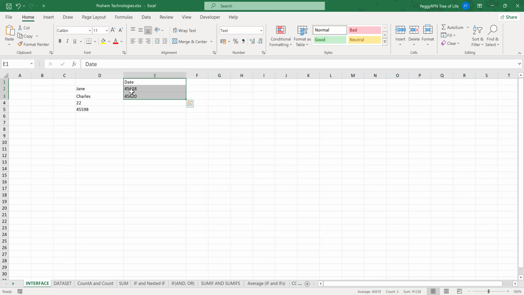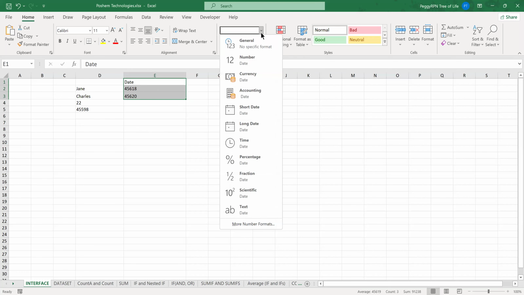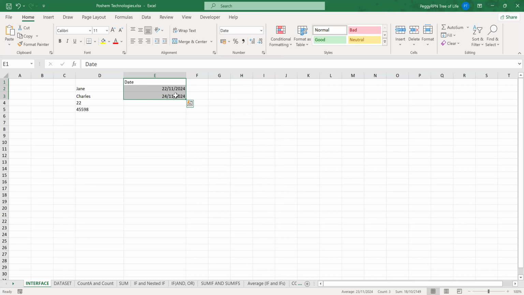When you see this as a date, you already know that it is not supposed to be text. So you just come here and format it to a short date.